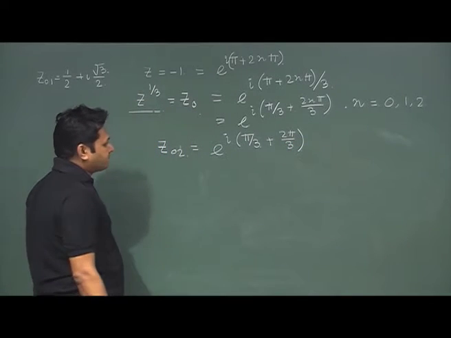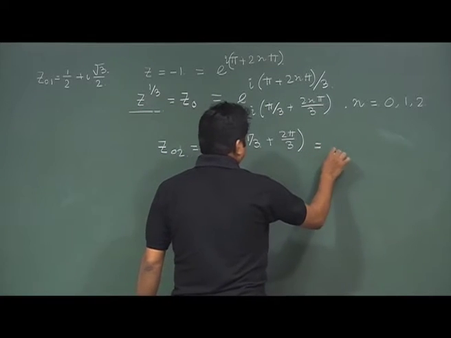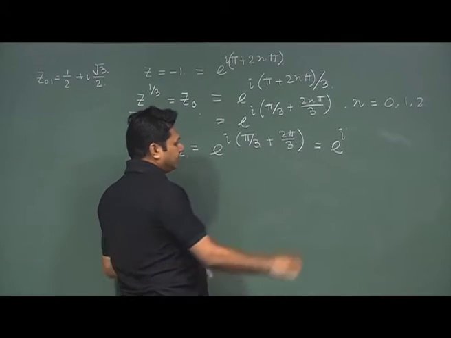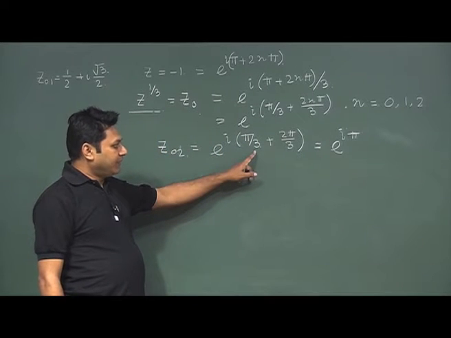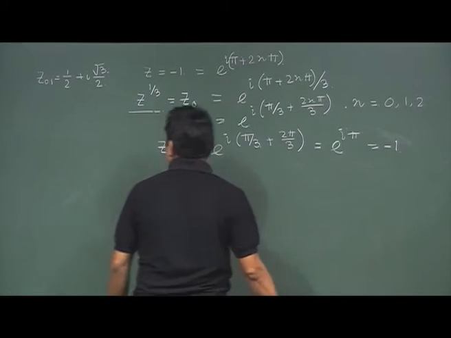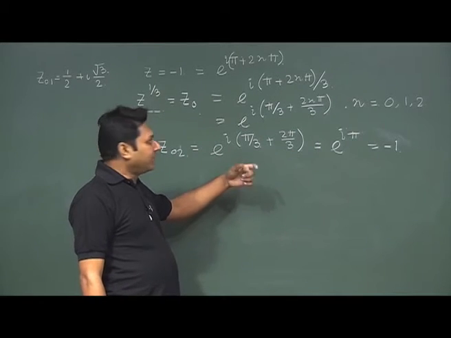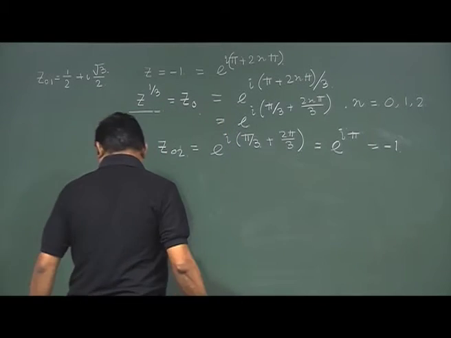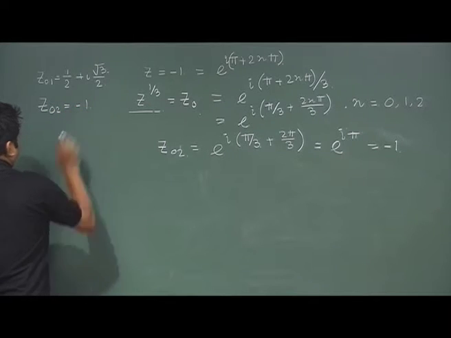If I add these two things, you can find that it is e to the power I pi. E to the power I pi means minus 1. So minus 1 is another root. We know that if I take minus 1 multiplied by minus 1 multiplied by minus 1, you return to minus 1. That means minus 1 is another root. So z02 is minus 1.